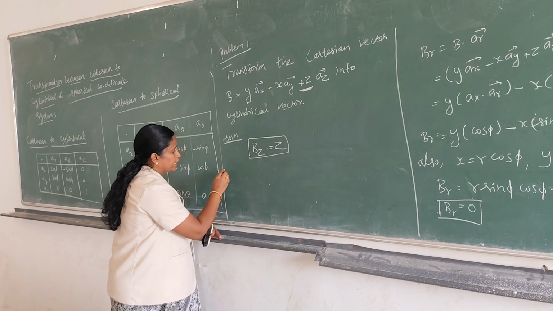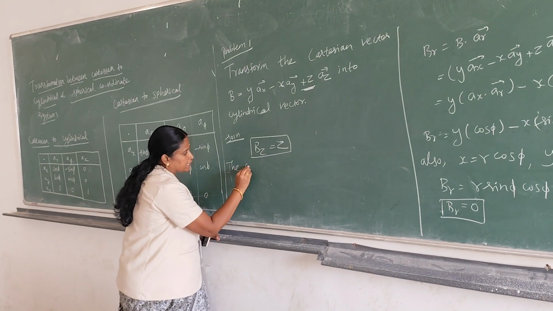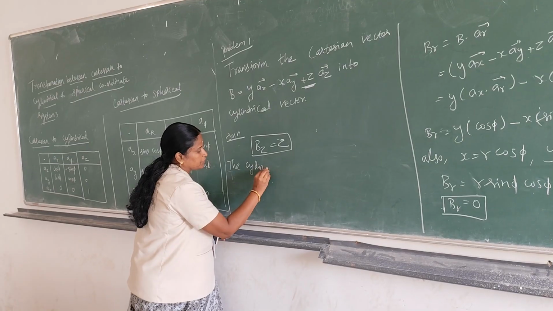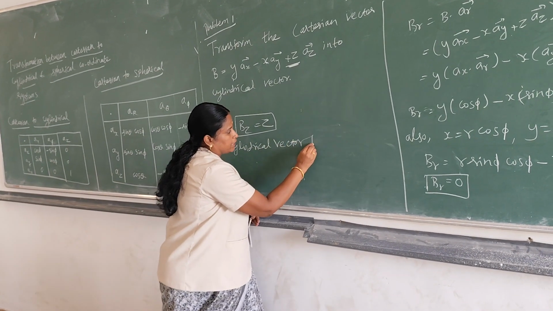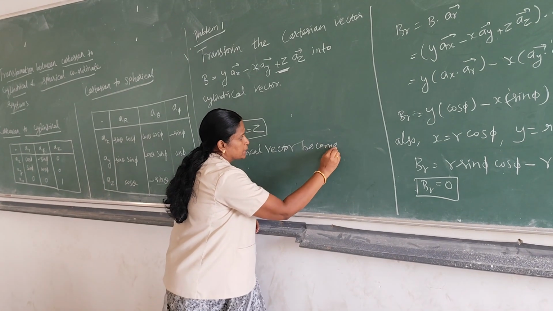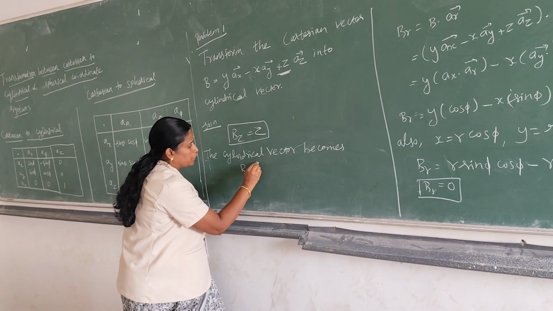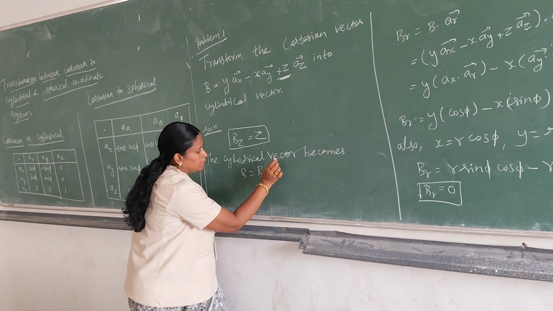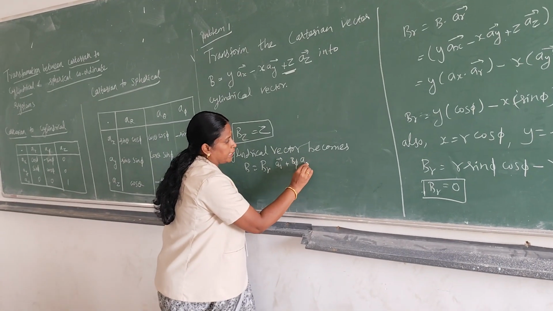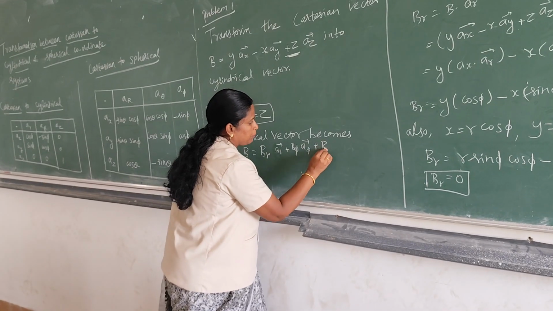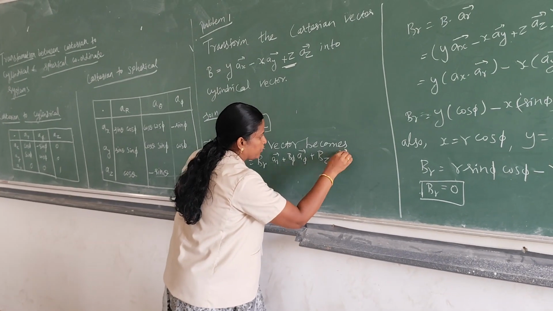Finally, the cylindrical vector becomes, so we know that B is equal to BR AR vector plus B phi A phi vector plus BZ AZ vector.